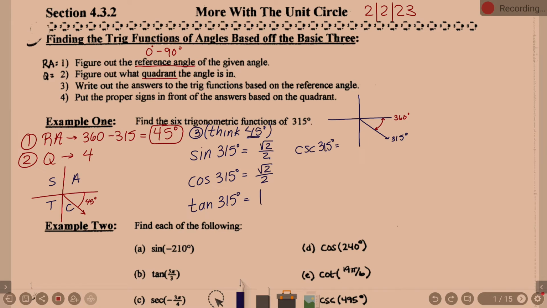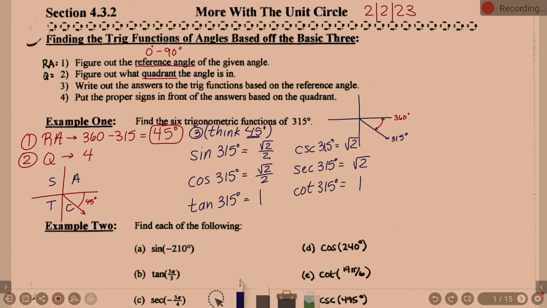This was 1 over square root of 2, so the reciprocal is square root of 2. What about the secant of 315 degrees? Square root of 2. Same. And what about cotangent of 315 degrees? 1, because the reciprocal of tangent is 1.